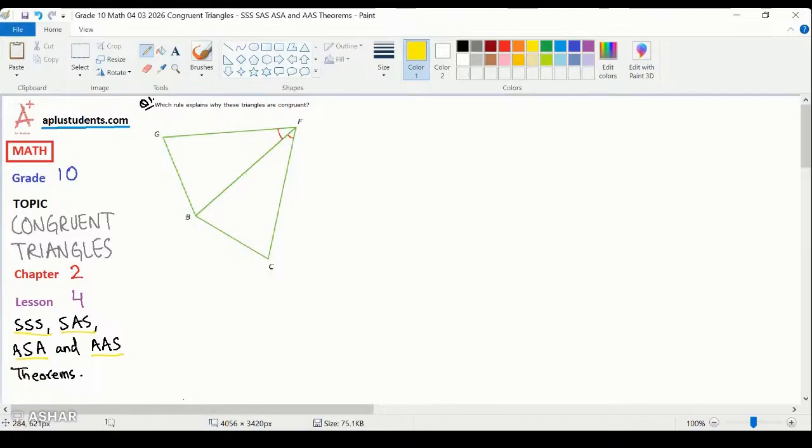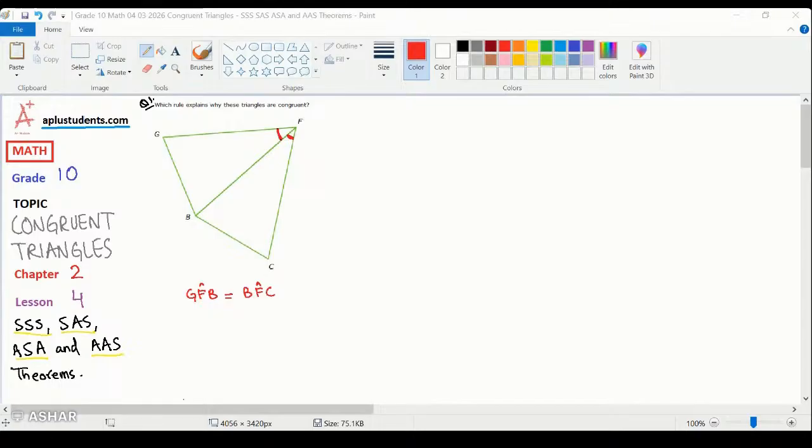In this particular question, they're telling us the angle, this angle given to us, that is GFB, is equal to the angle BFC, right? One pair of angles is given to us.